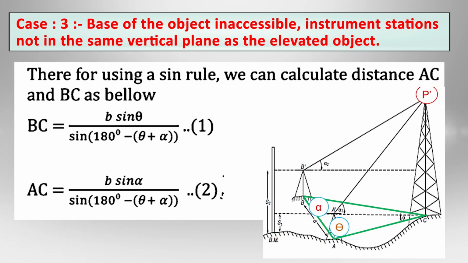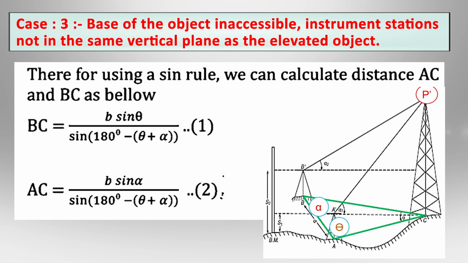We'll apply trigonometric relations in triangle ABC. Angle BAC is equal to theta and the value AB is equal to b. Applying the sine law, when we know three angles and one side, we can easily use the sine law. By using this, we get BC is equal to b sine theta divided by sine of (180 degrees minus (theta plus alpha)). Similarly, AC will be b sine alpha divided by sine of (180 minus (theta plus alpha)).